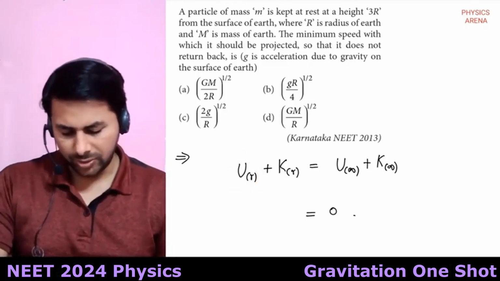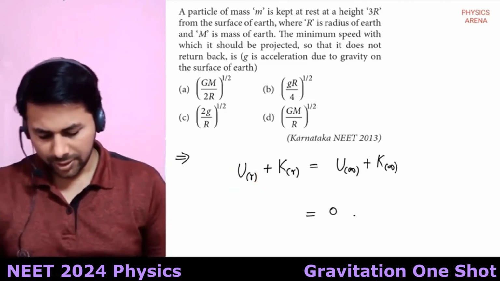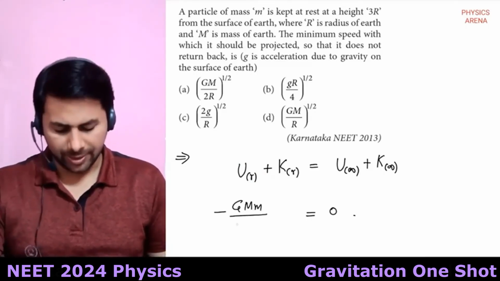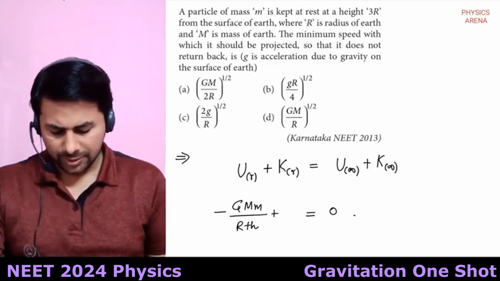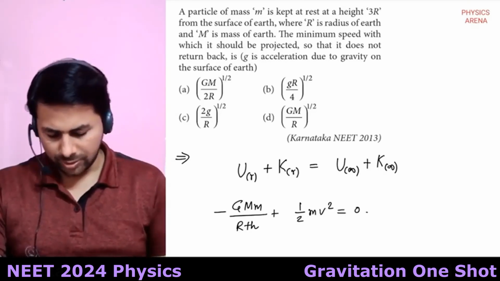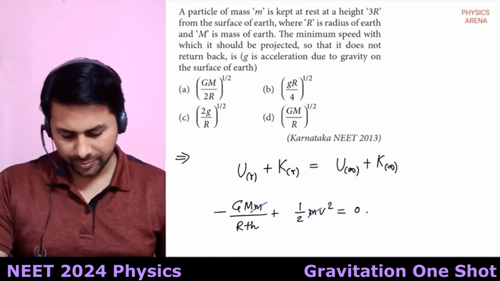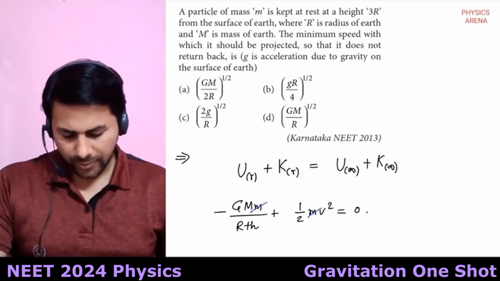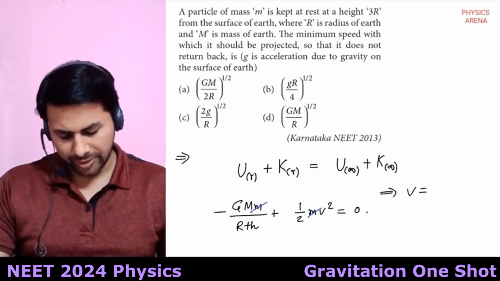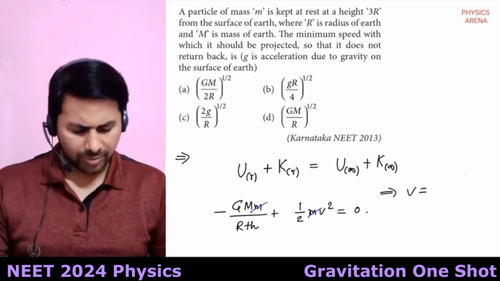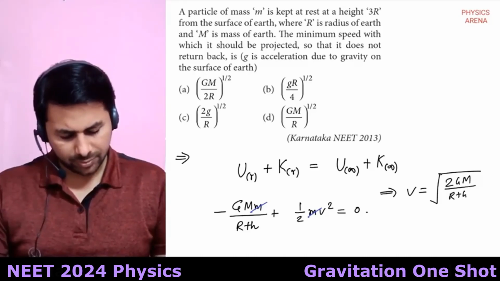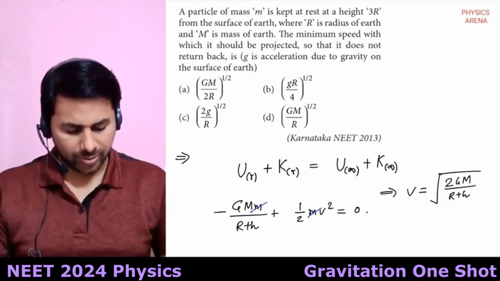So how much is U_R? It is minus GMm upon r, which is capital R plus h, plus half m v square is equal to 0. m gets cancelled. Then v square will be equal to 2GM upon R plus h, so 2GM upon 4r.